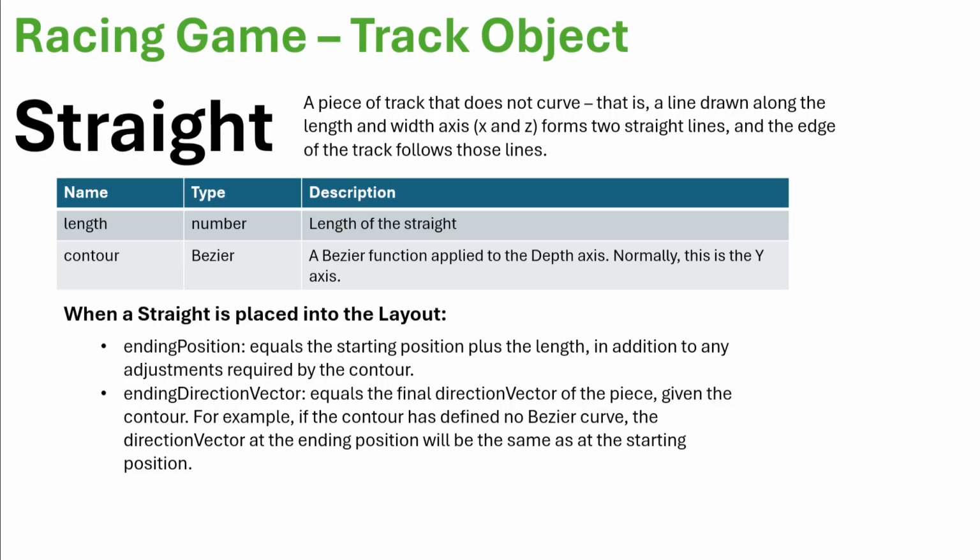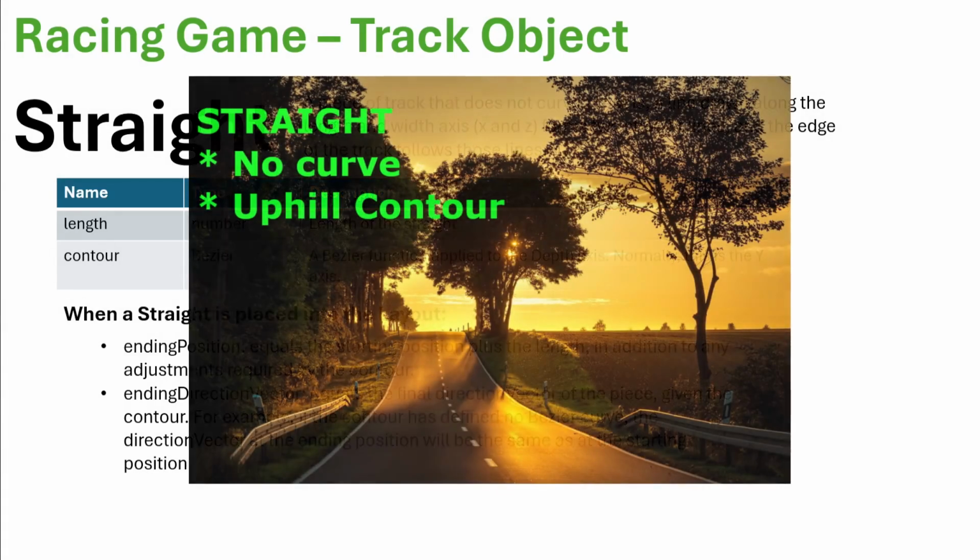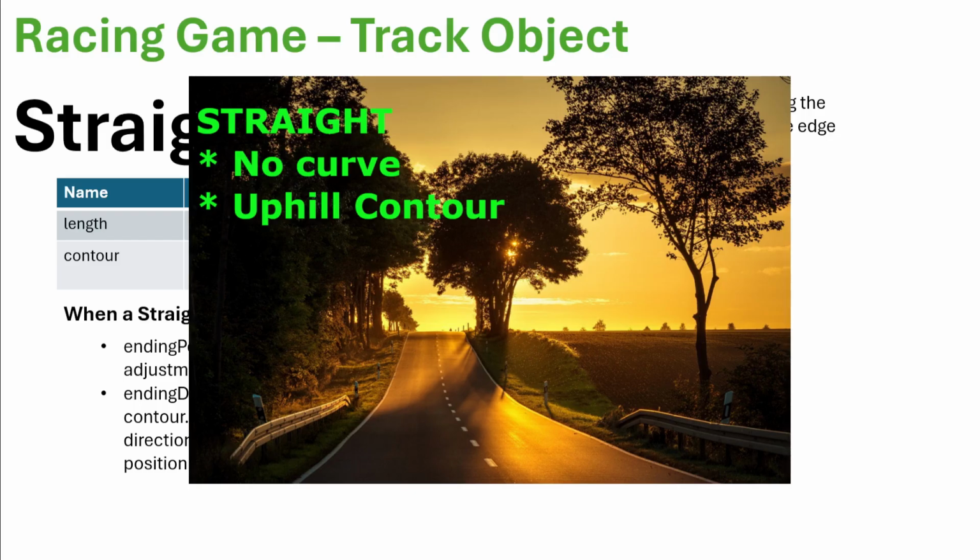So what are contours? Contours are Bezier curves. If you know what a Bezier curve is, it's a programmatic way to draw really nice looking curves. So if we wanted to put hills within our particular piece, we can very easily do that by saying I want to draw a Bezier curve in which the edges still remain straight, but the Bezier allows us to put hills, for lack of a better term, within the straight piece itself.